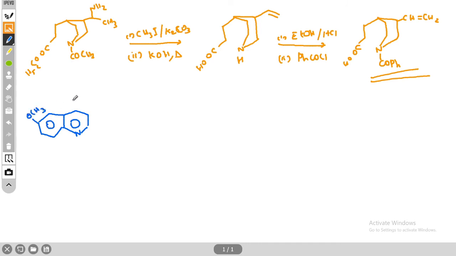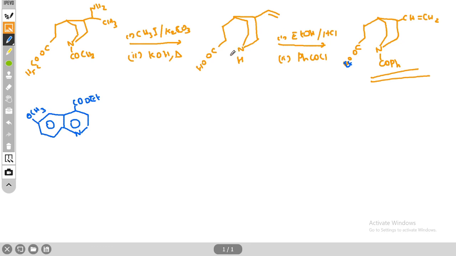OCH3, COOEt. This molecule reacts with COCH3. Okay, this is converted into ethanol.